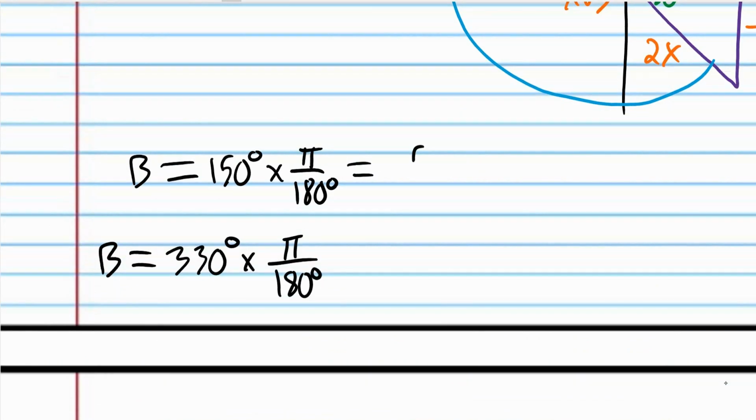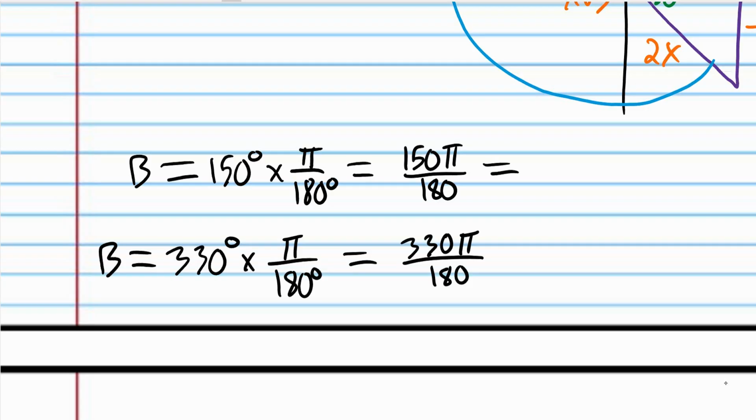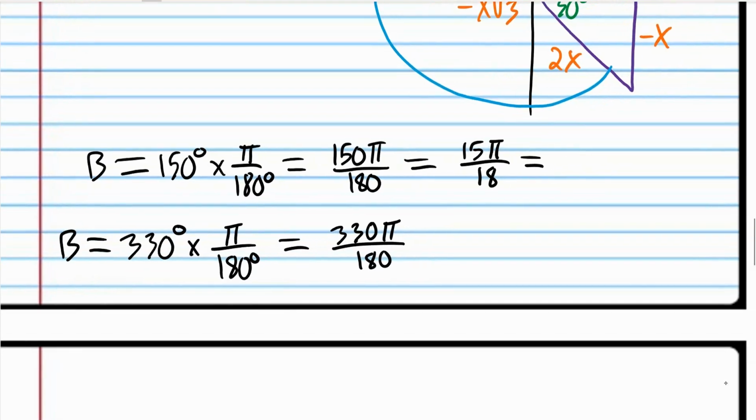So we get 150 pi over 180, or 330 pi over 180. And divide both sides by 10, and we get 15 pi over 18. Then divide both sides by 3, and we get 5 pi over 6.